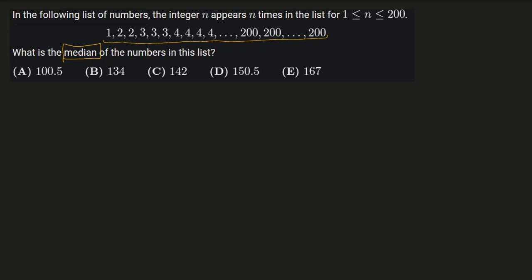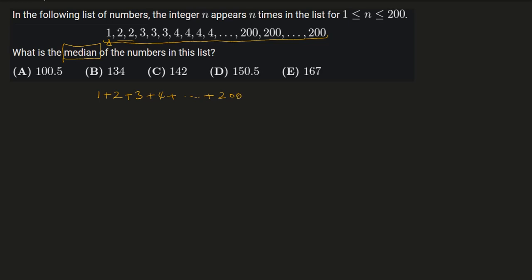Before we really start the first approach, let's write out some basics about this problem. In order to calculate the median, we have to know the length of this sequence. That is the very minimum about the problem. Since we have 1 one and 2 twos, 3 threes, 4 fours, the length of this sequence is 1 plus 2 plus 3 plus 4 and so on, all the way up to 200 200s.